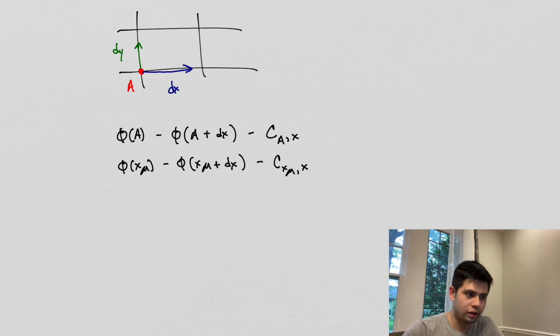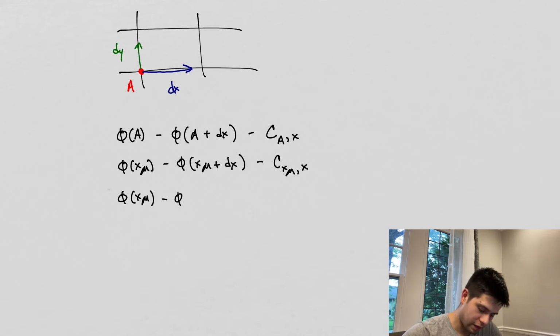But now what we can do is we could say, well, suppose dx, I'm just going to replace dx here with a little unit vector. All right, so if I replace that with a little unit vector, I get phi of x mu plus e i minus phi of x mu, minus c at x mu, and I could say the ith component of c.